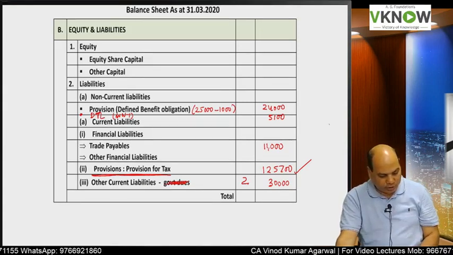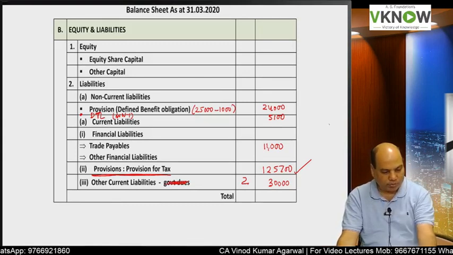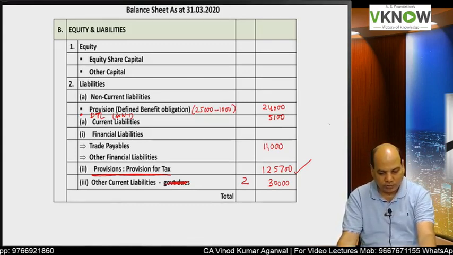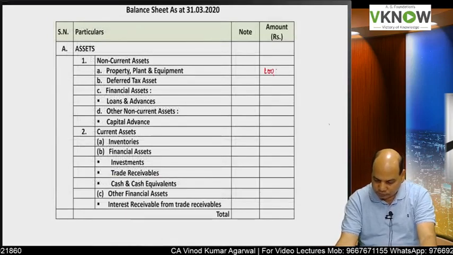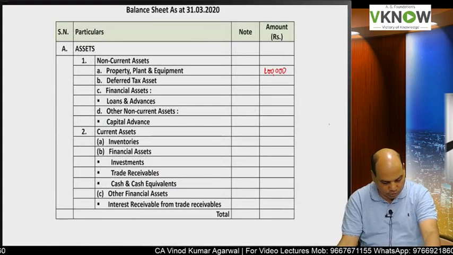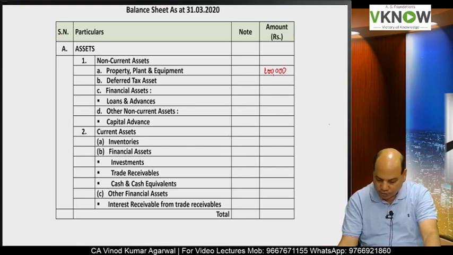So no further effect. Now there is an asset side, property, plant and equipment. Do we have any adjustment in that? No. So write down 1 lakh. Next is long term loans and advances. So financial asset, loans and advances 40,000.